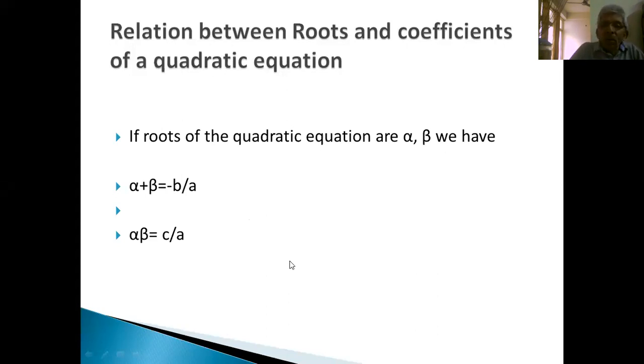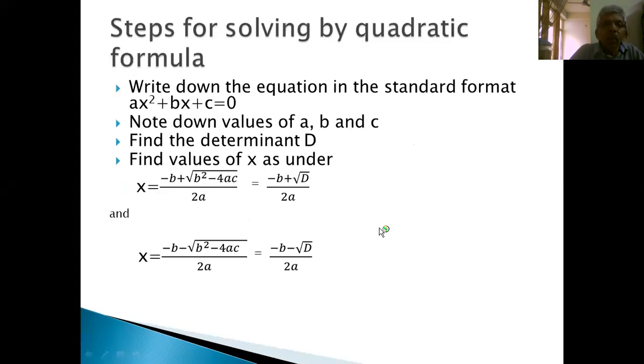And see how an equation or an exercise is to be solved. Again, for solving by the quadratic formula, first of all write down the equation in the form ax square plus bx plus c is equal to 0. Now note down values of a, b and c from this and then find the values of x as under.